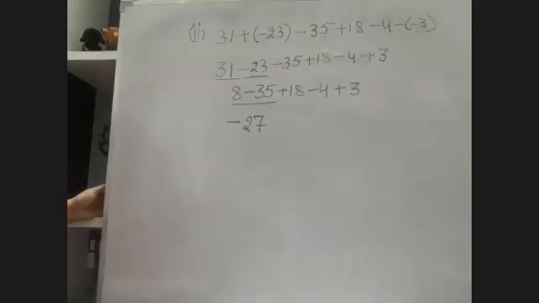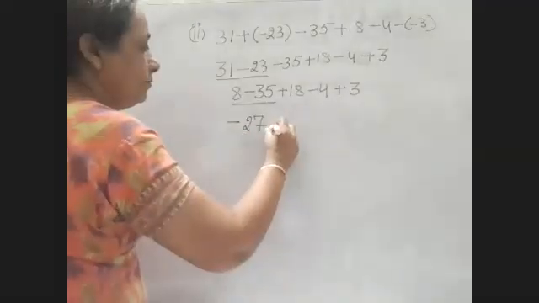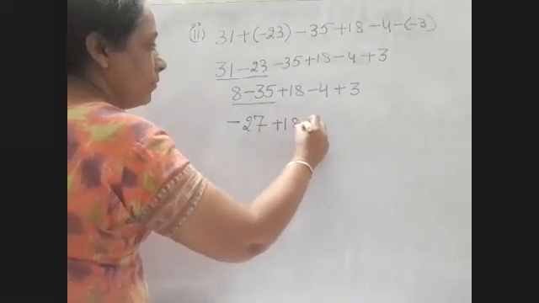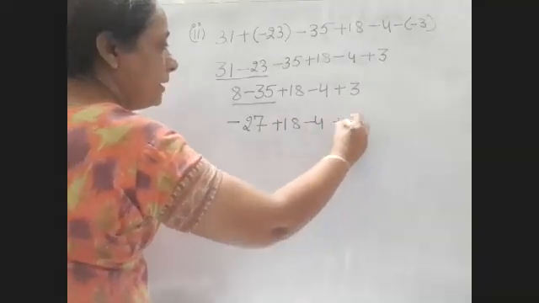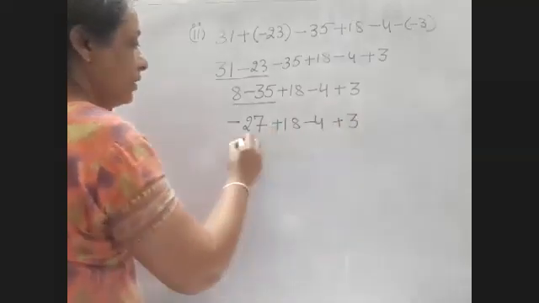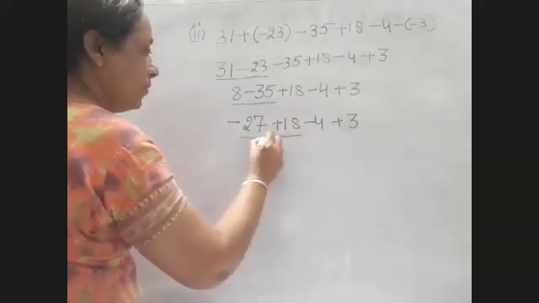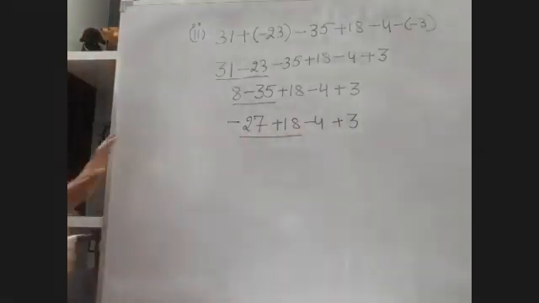Minus 27 plus 18 minus 4 plus 3. Next is minus 27 plus 18.